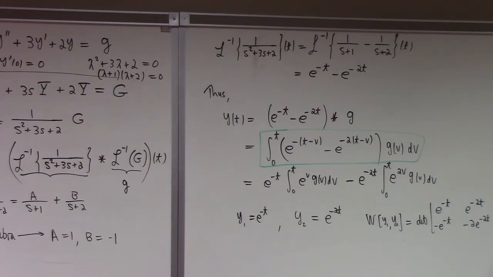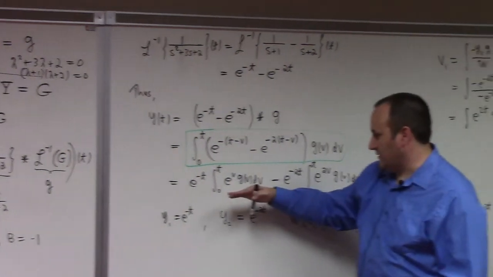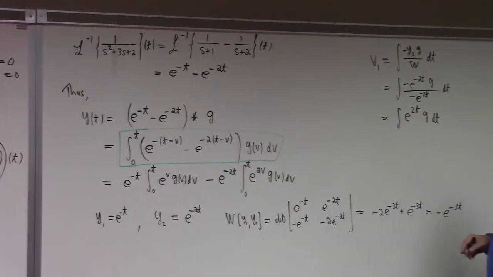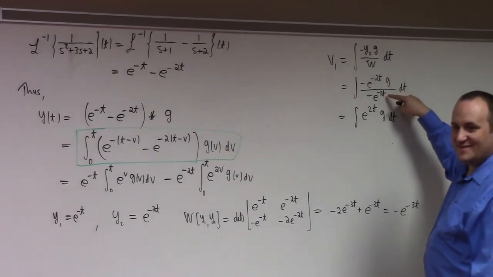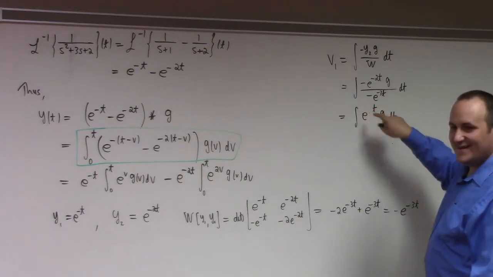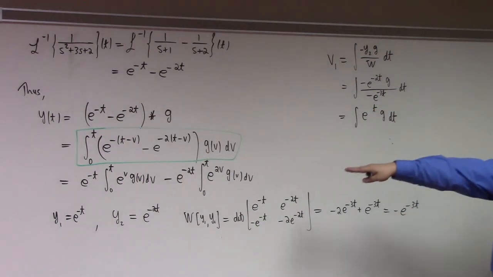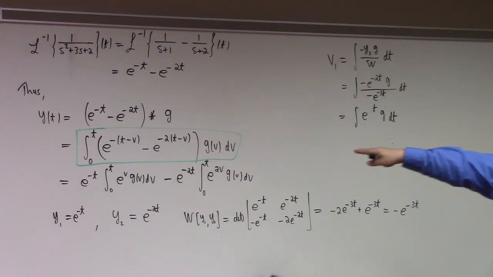But we did the integration in terms of the dummy variable v and integrated to t, right? But you can see that that's exactly what we had here. I'm sorry, I can't do math. What's 3 minus 2? It's 1. Okay, so that is straight up the variation of parameters formula.